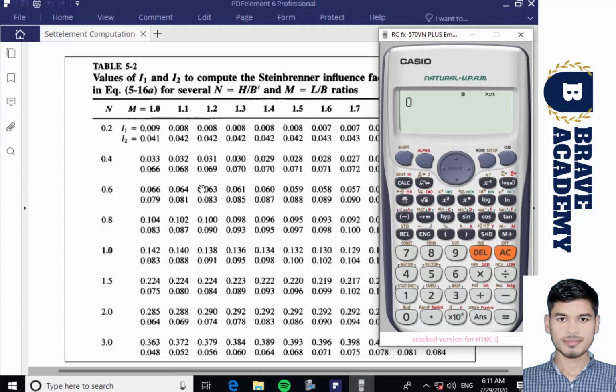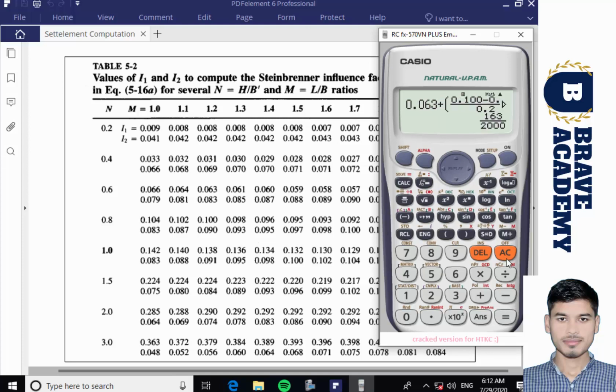At 0.6 the value is 0.063, plus the value at 0.8, which is 0.100, minus 0.063, divided by the gap between 0.6 and 0.8, that is 0.2, multiplied by the gap between 0.6 and 0.7 to which you are interpolating, that is 0.1.